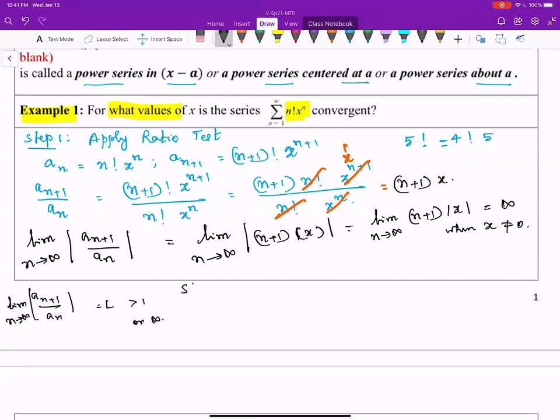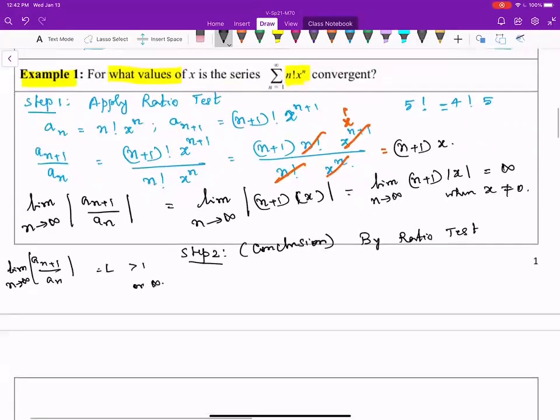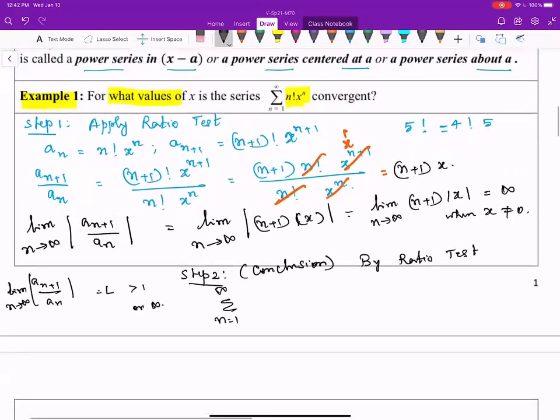By the ratio test, as a concluding step, the given series, sigma factorial n x to the power n, diverges for all x not equal to 0.